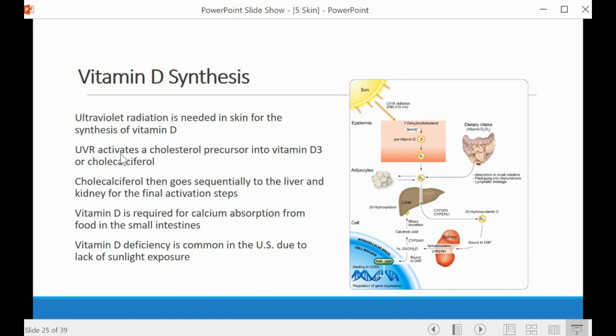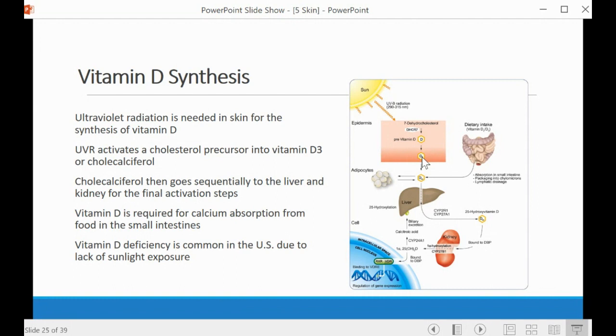Okay, so what we get is called UVR, ultraviolet radiation. It's going to activate a cholesterol precursor and turn that into what's called vitamin D3. Here it is. Okay, or cholecalciferol. Cholecalciferol is then going to go into the liver and then the kidney so that it can get activated. Vitamin D is required for calcium absorption from our food in our small intestine.